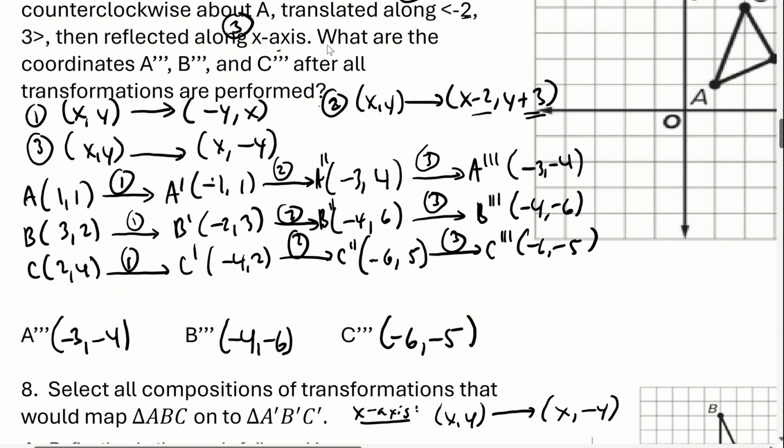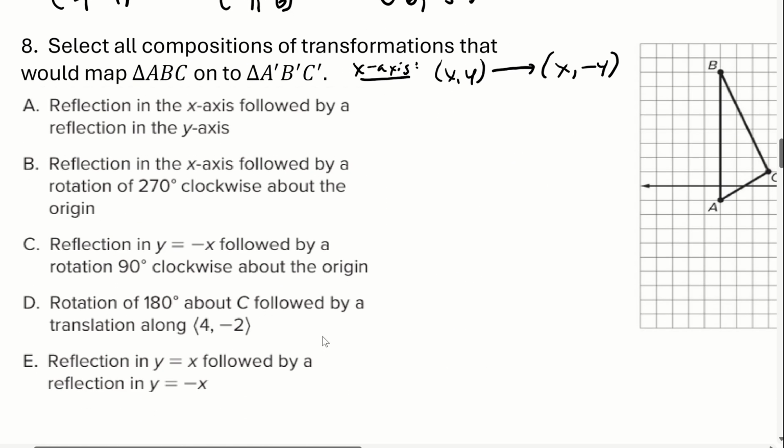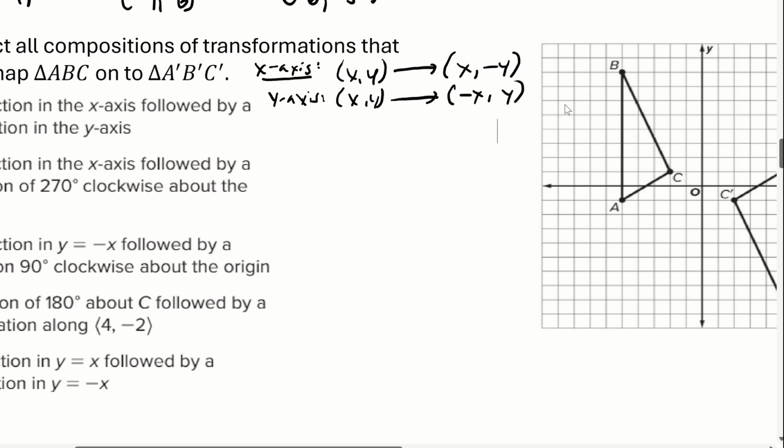Reflection in the x-axis, the y-coordinate changes. And then the reflection in the y-axis, the x-coordinate changes. Okay, so then basically put a negative on the y coordinate and then put a negative on the x coordinate.